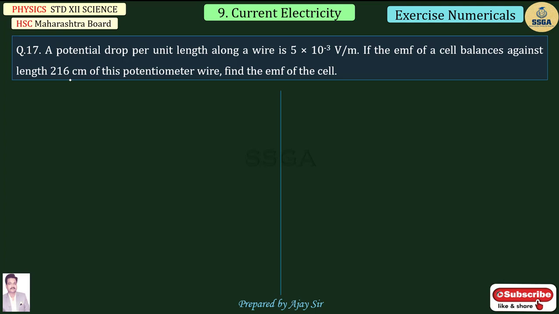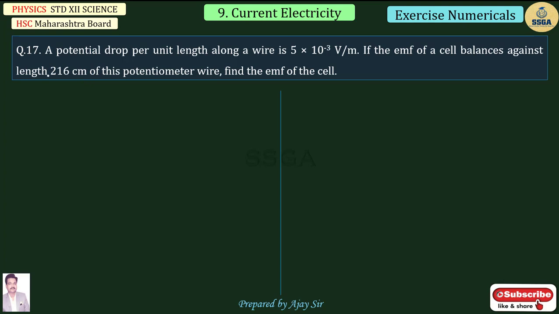So potential drop means potential per unit length, that is K is given, and the balancing length, that is 216, and we have to find what is the EMF of the cell.